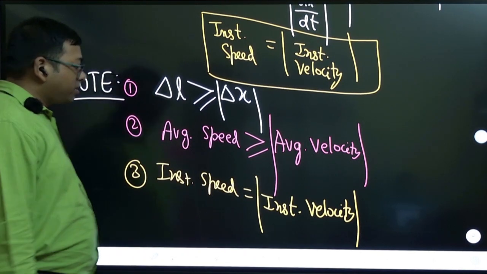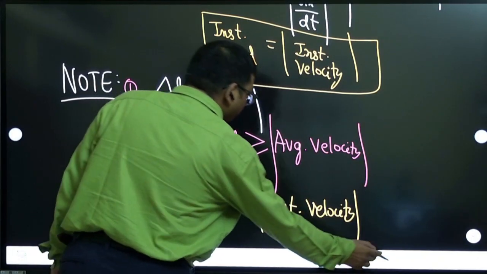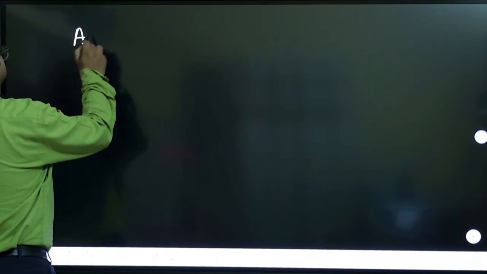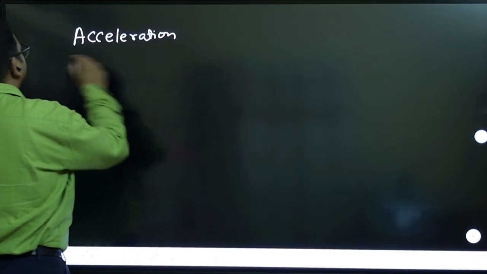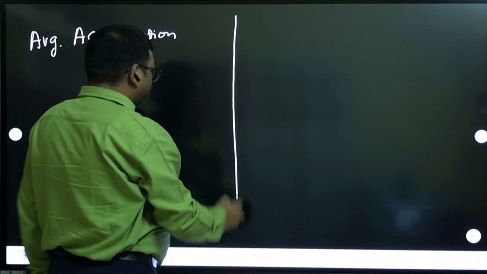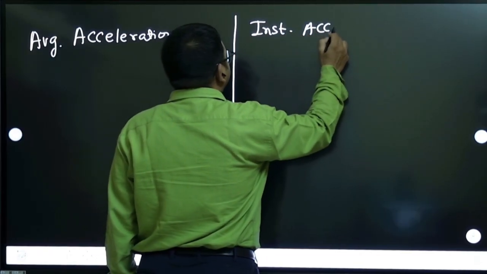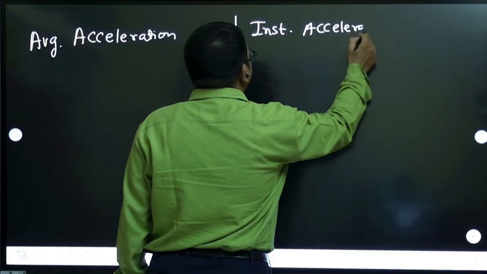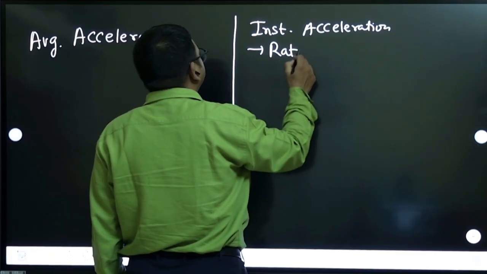Then acceleration, let us see acceleration also. What is acceleration? Acceleration we can define as average acceleration and instantaneous acceleration. Acceleration is the rate of change of velocity.